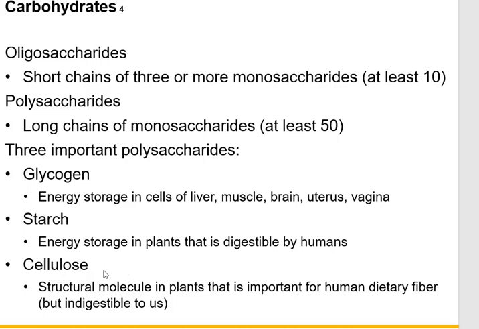But plants have a little sneaky thing that they can do. They can take the glucose molecules and bond them together in a way that we don't have any enzyme to break it down. So it's the same glucose that you'd see in starch, the same glucose you'd see in glycogen, but because of the way they bond it, we don't have an enzyme to break it down.